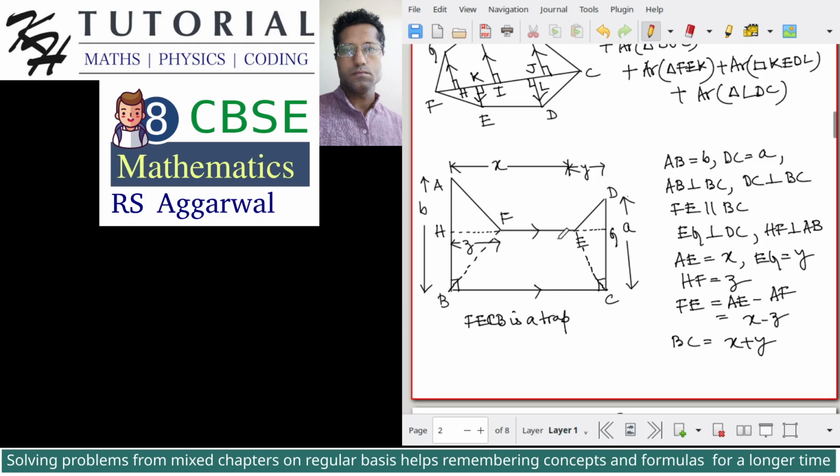FECB will be a trapezium where FE is parallel to BC, but we need to know the distance of the parallel sides FE and BC.